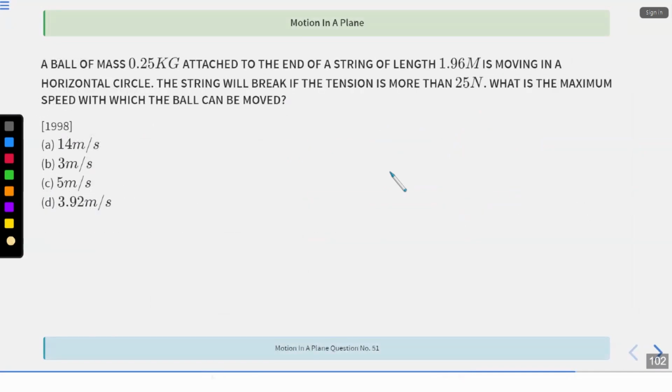A ball of mass 0.25 kg attached to the end of a string of length 1.96 meter is moving in a horizontal circle. The string will break if the tension is more than 25 Newton. What is the maximum speed with which the ball can be moved? So here again, this is a string problem with tension concept used.